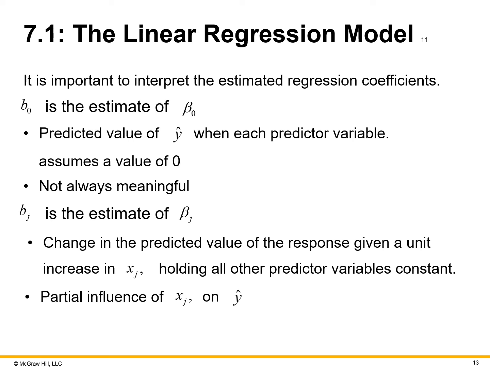It is the change in the predictive value of the response given a one unit increase in xj, holding all predictive variables constant. This could mean that each of your values has some equitable correlation with each other, that each predictive variable could have a similar or close impact to the target variable, where all have a potential opportunity to be the same or not.